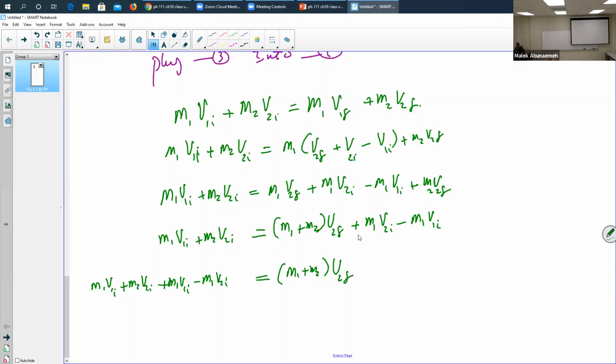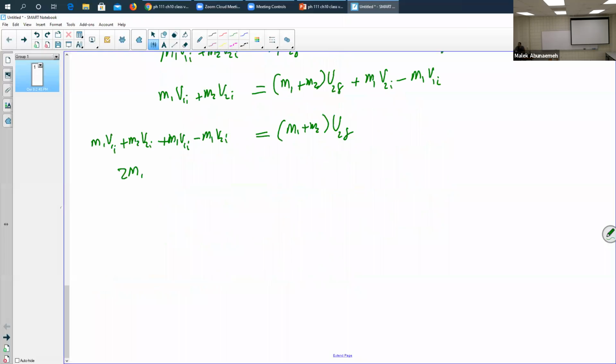Hold on. I'm taking these, putting them on the other side, right? Yeah. M1 V2I, this becomes negative. M1 V1I becomes positive, right? Yes. So that means we got 2 M1 V1I plus M2 V2I minus the third term, right?